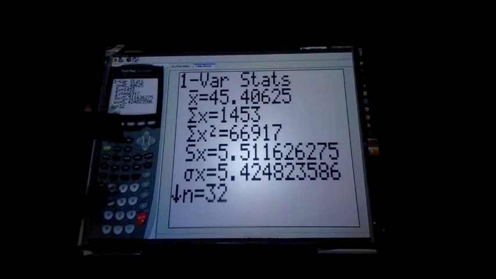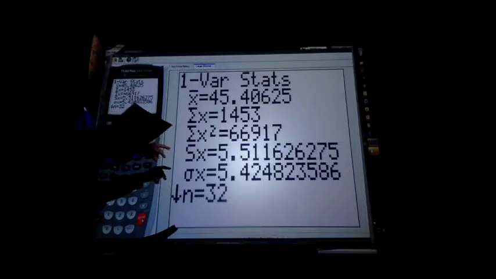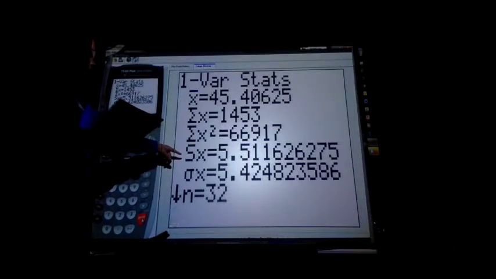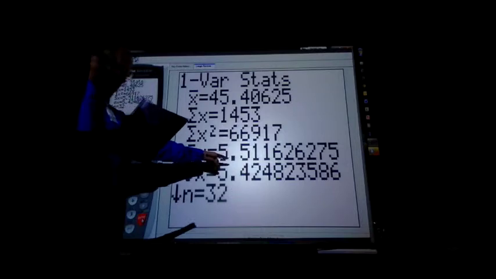If I square all my data and sum it up, I get 66917. And then I have the 2 standard deviations. Okay? Where's my number off there? Oh, there it is. Okay. So, being we're using a sample, that's our sample standard deviation. So I'm going to use 5.4.